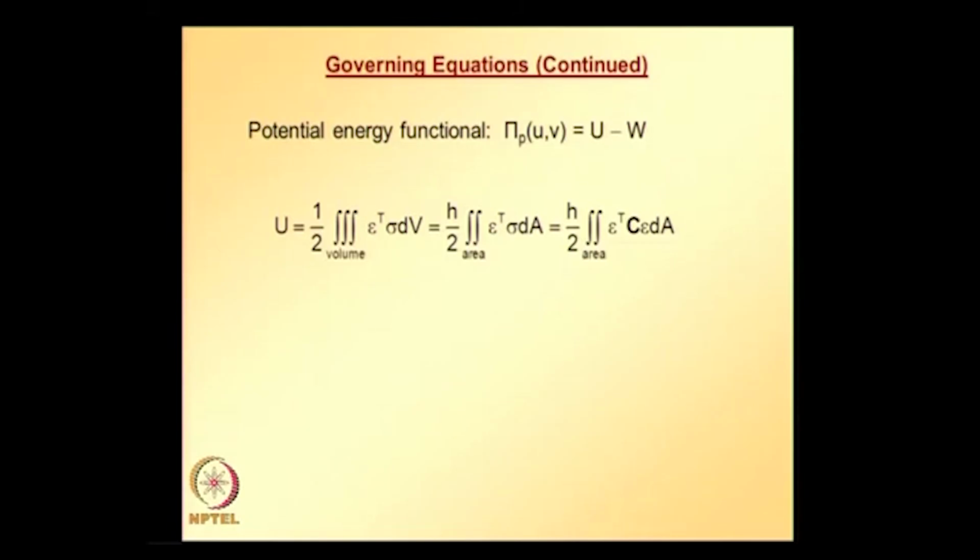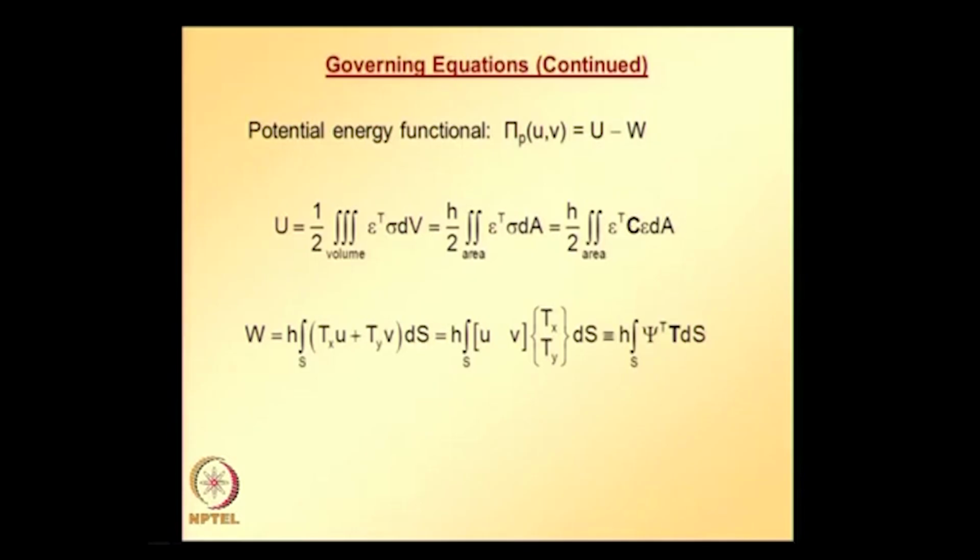But if applied forces are distributed forces, then work done due to applied forces can be calculated using this relation. In both these relations, U and W, thickness h is assumed to be constant, so it is pulled out of the integral, and if it is not constant, then we need to take it inside the integral and then do the integration.